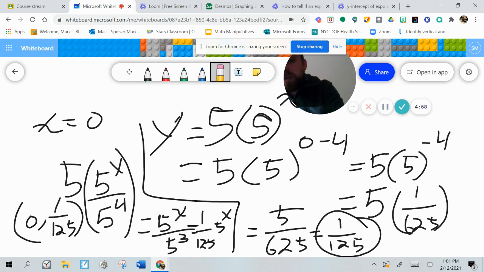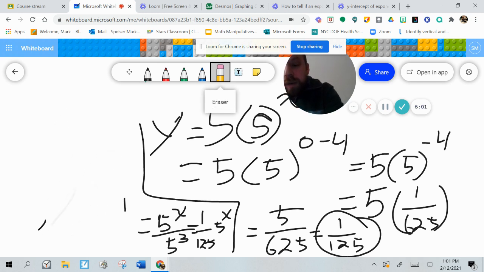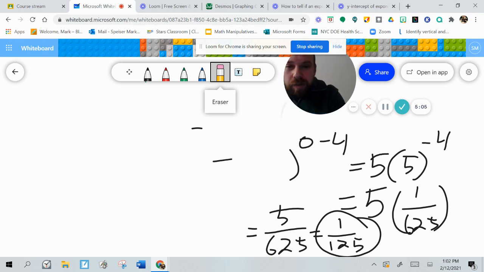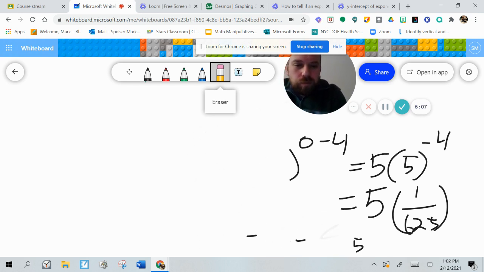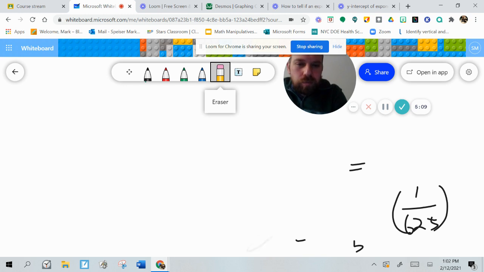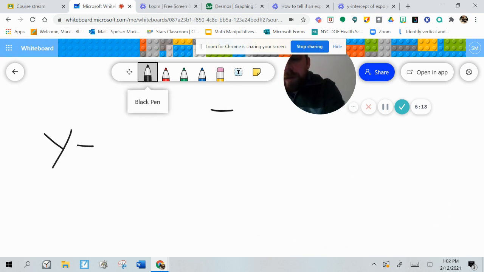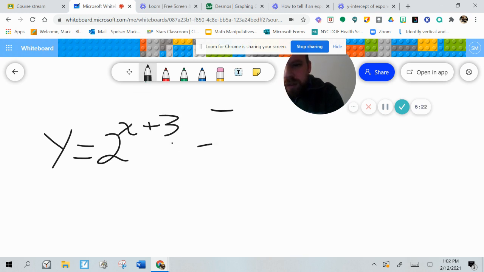Now let's do both rules together. We'll show how both rules affect it, then we'll look at some graphs, and then we'll wrap this up. Let's look at one positive case and one negative case. Y equals 2 to the x plus 3 plus 5.